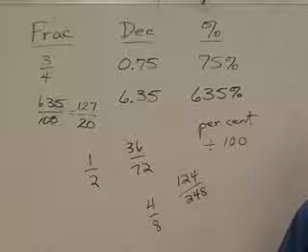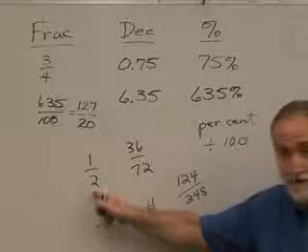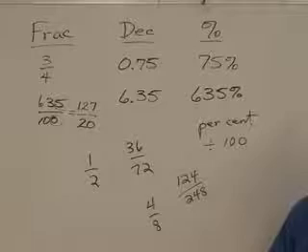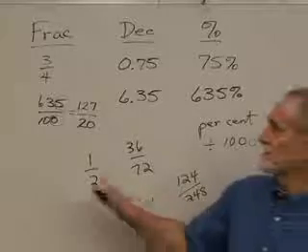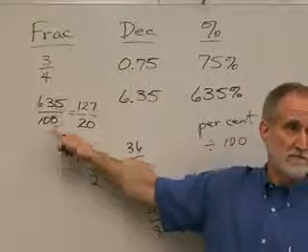But they're really all the same, aren't they? But we wouldn't know that unless we reduced them all. Then we'd all end up with this same thing. So that's the practical reason for reducing the fraction, so that we know that it's the same as this other reduced fraction. So on the test, if you put 635 over 100, I'd give you half credit. But if you reduce it, I'll give you full credit.